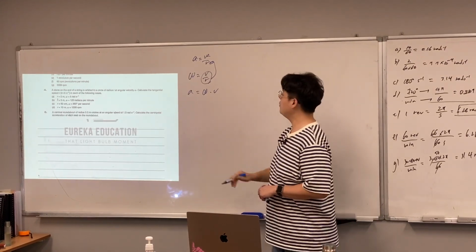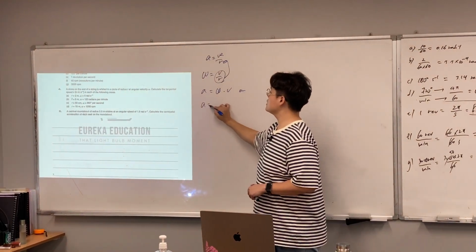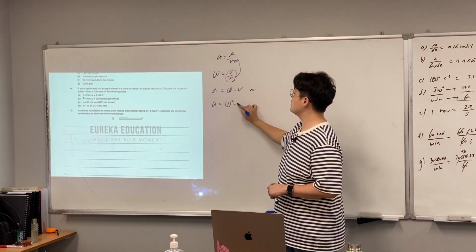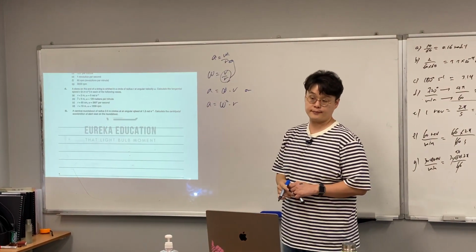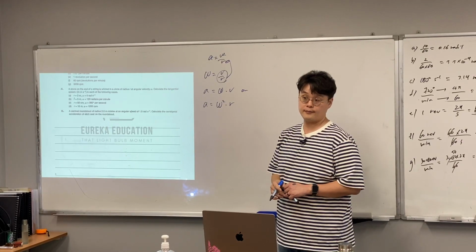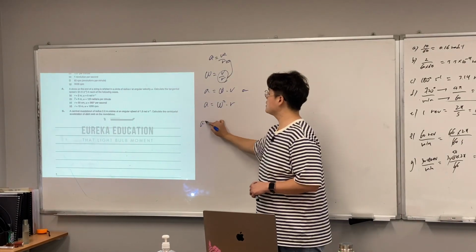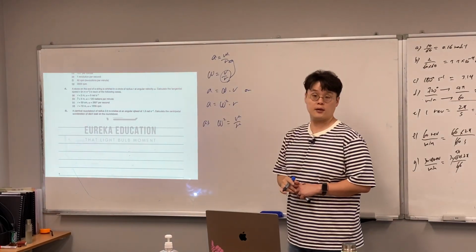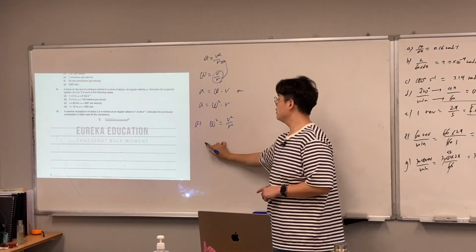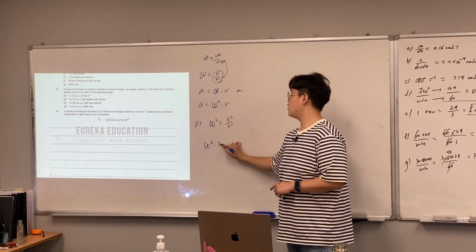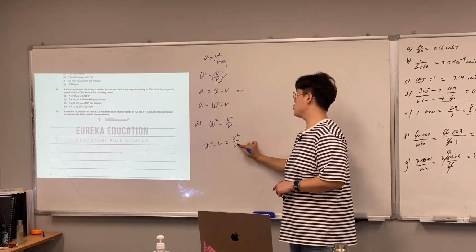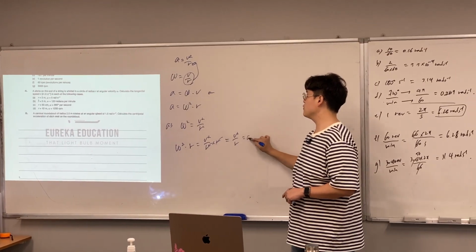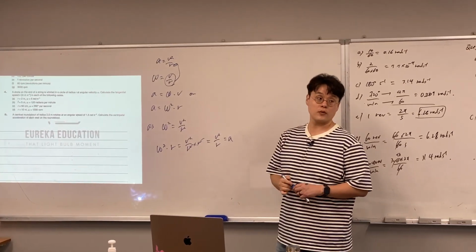Yeah, or this is the same as the square of that times r. Because angular velocity is v over r, so angular velocity times v is v squared over r squared times r. Cancel the r out, that's v squared over r. That gives you a as well.